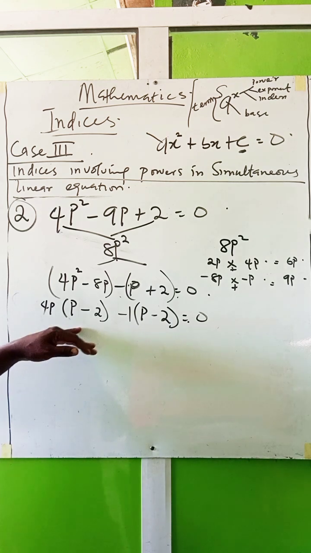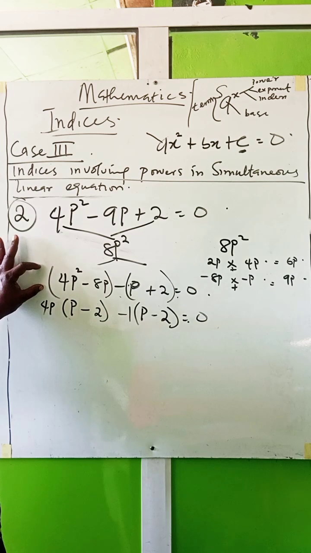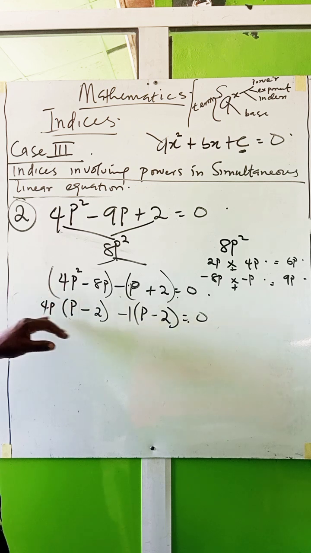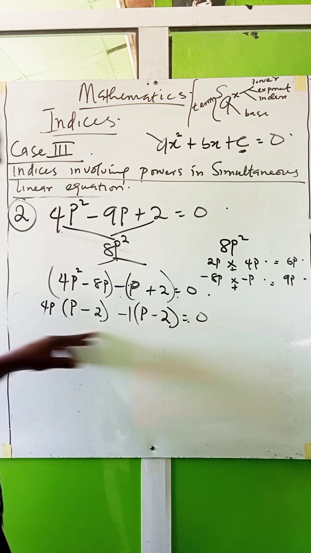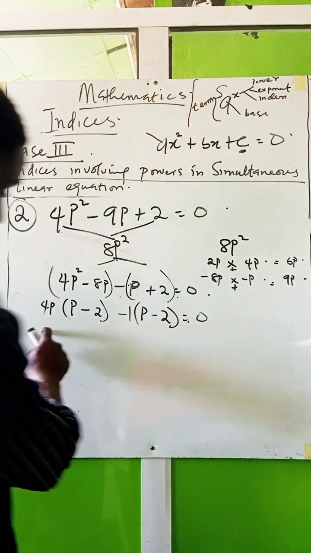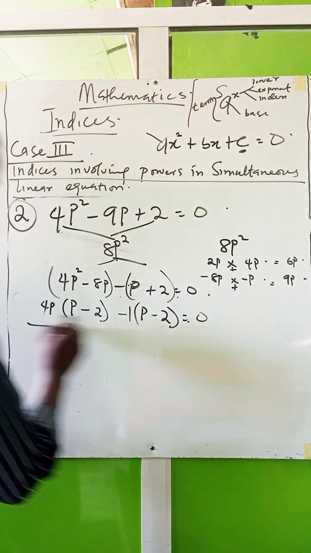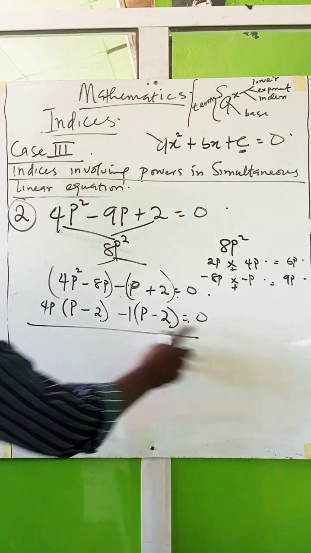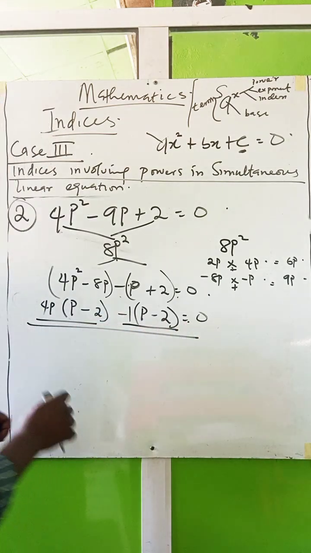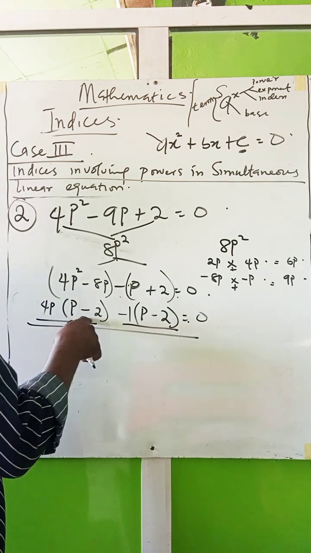When factorizing, after bracketing them into groups, you now factorize; what will be here must be what will be here. So we factorize these two. We factorize this because this is a single expression. What is common to both is p minus 2.